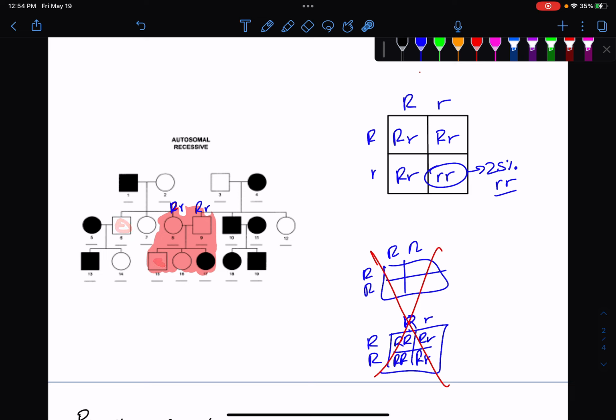See how these boys are unaffected? It probably is not going to be X-linked. For X-linked recessive, look for all males being affected in the latter generations. If there are some males that aren't affected, like this one and this one, it's probably not X-linked.